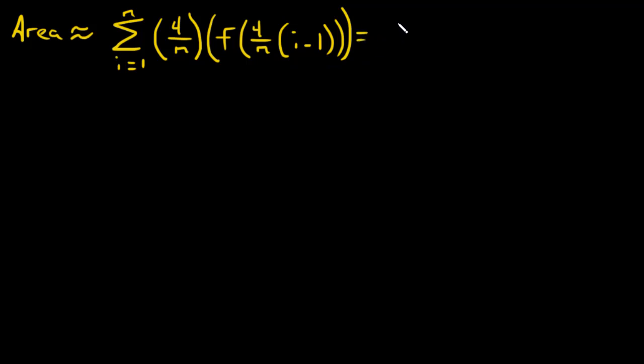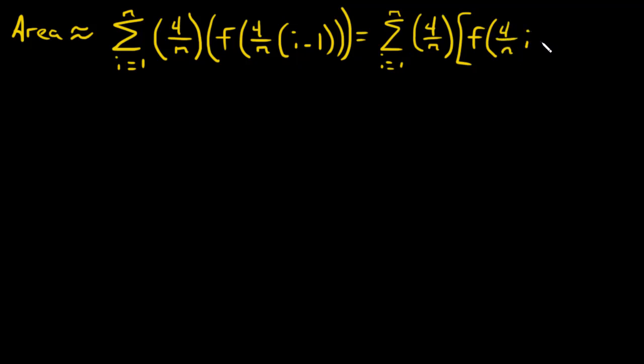So this is going to equal the summation i from 1 to n of 4 over n times, here we go, bracket, f of 4 over n i minus 4 over n.